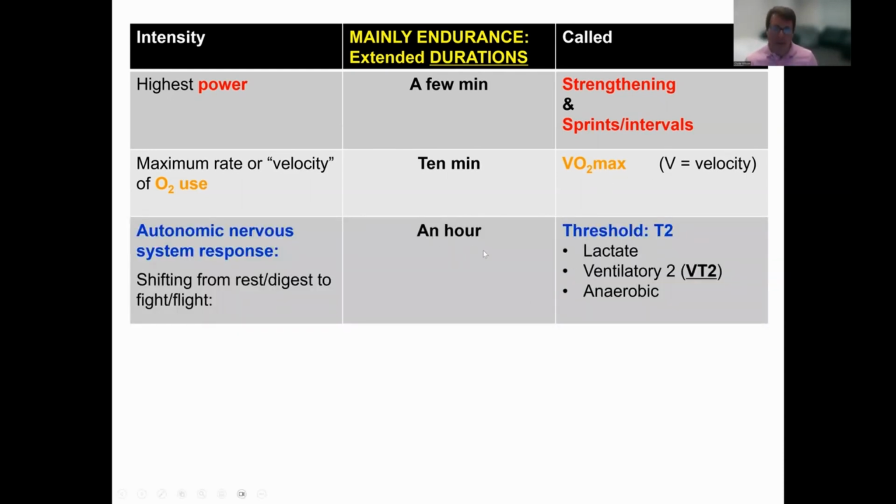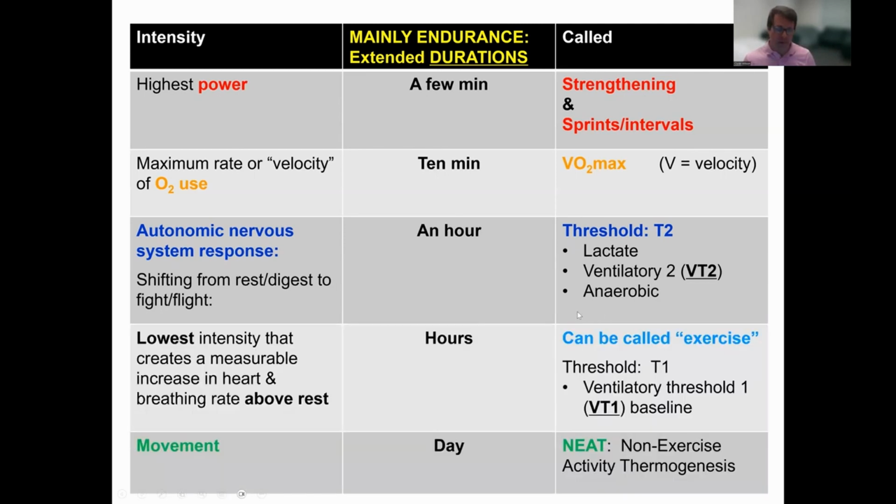And your hour pace, which doesn't mean you have to do these things for 10 minutes or an hour, but rather it's the pace that you could potentially achieve that duration. I mean, you could do your hour race pace for only 30 minutes. That is your threshold pace where you're significantly increasing your fitness from the effort.